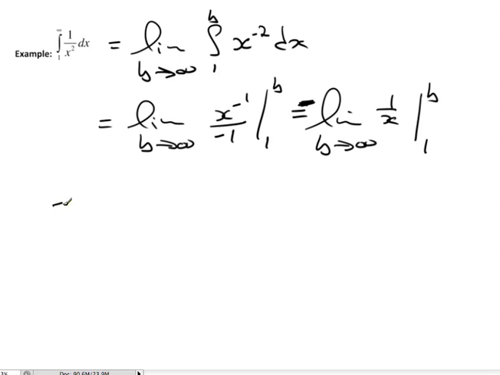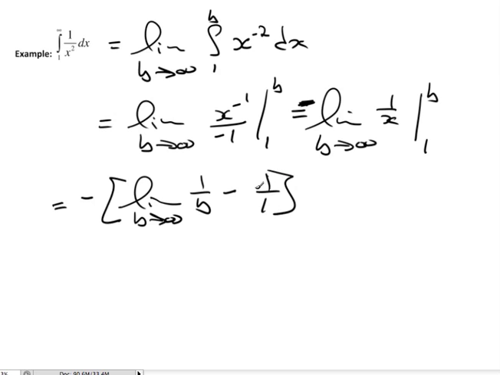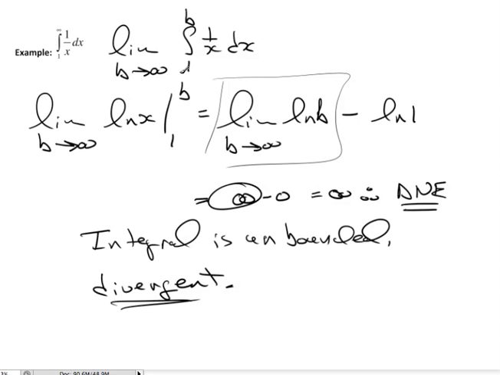So this is going to be equal to, here's my negative, the limit as b goes to infinity of 1 over b minus 1 over 1. Well, as b goes to infinity, this will go to 0. So this will give me a negative 1, but I have a double negative, so this will just be 1. So the area under the curve between 1 and infinity of 1 over x squared is actually equal to 1, whereas the area under the curve from 1 to infinity of 1 over x is actually infinite.